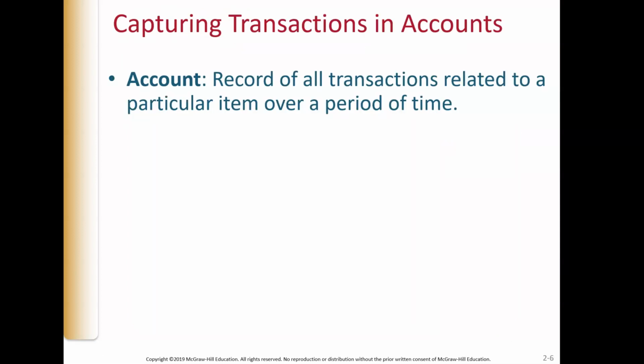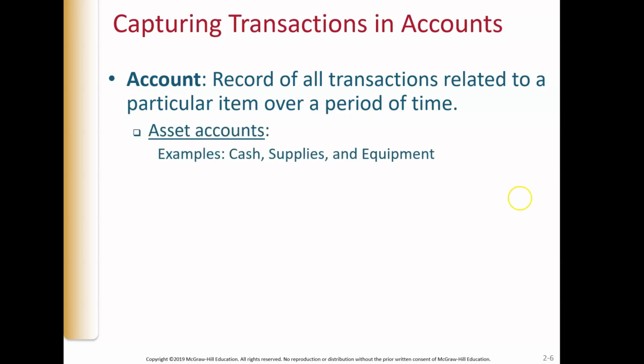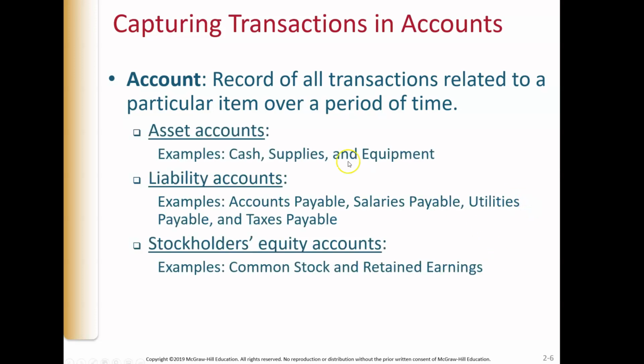First, what's an account? Well, we've used that term in chapter 1 as well. An account is simply a place to keep all the transactions related to that particular item over a period of time. For instance, cash. What happened to cash? We're going to record everything that happened to cash. Everything is split into types of accounts.